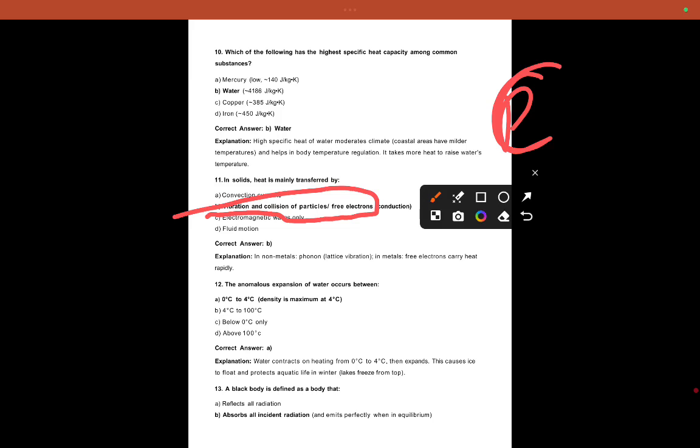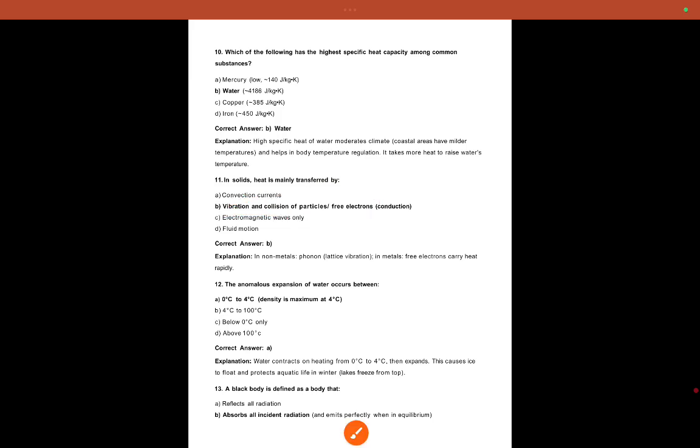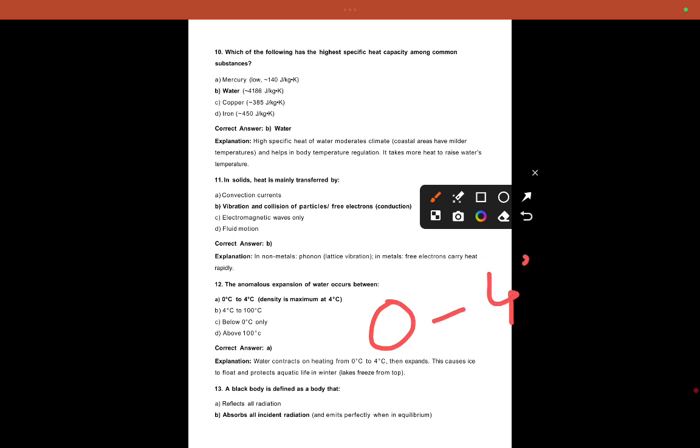Coming to question number 12. The anomalous expansion of water occurs between 0 degrees and 4 degrees Celsius, where the density of water is maximum. Water contracts on heating from 0 degrees to 4 degrees Celsius, and after contracting, it expands.